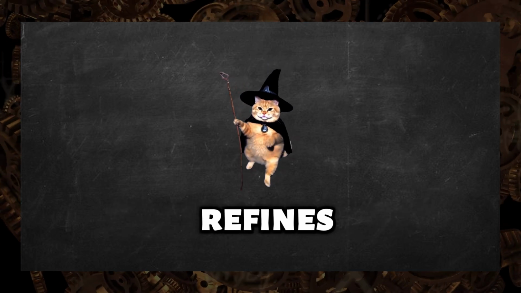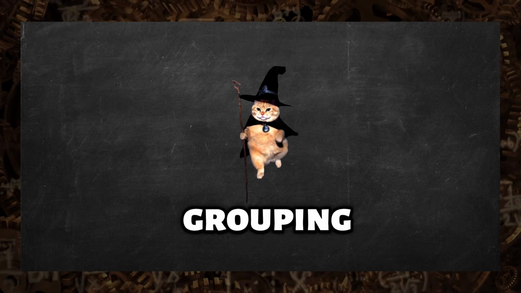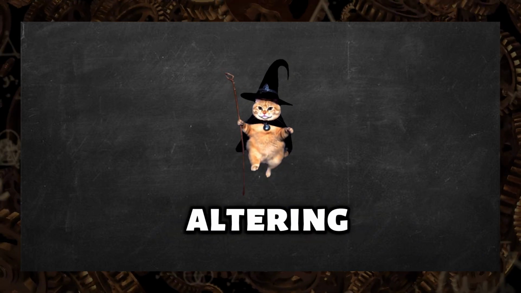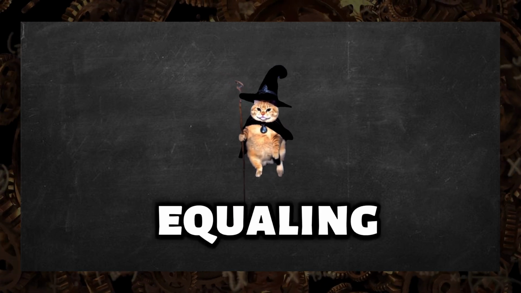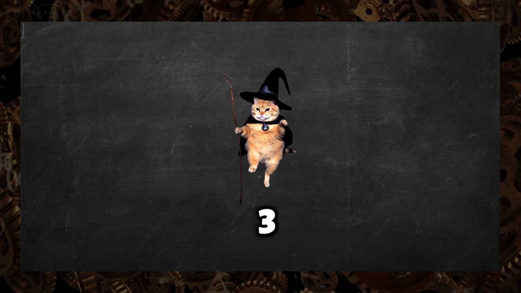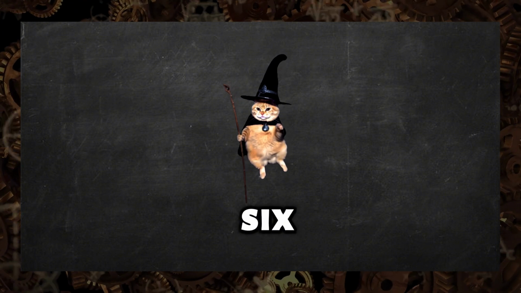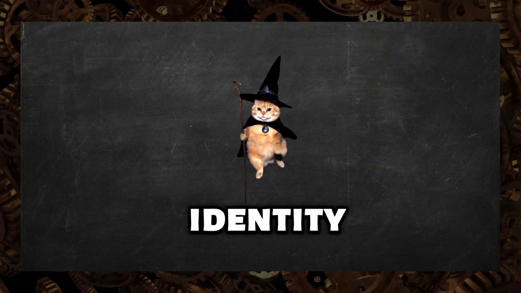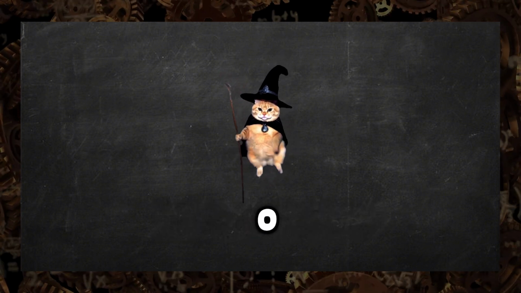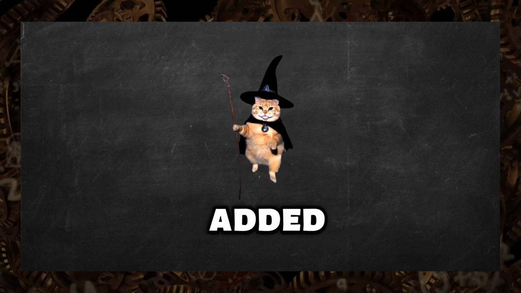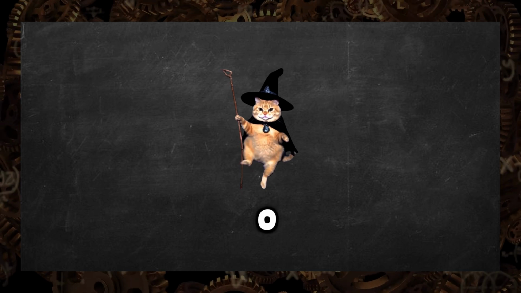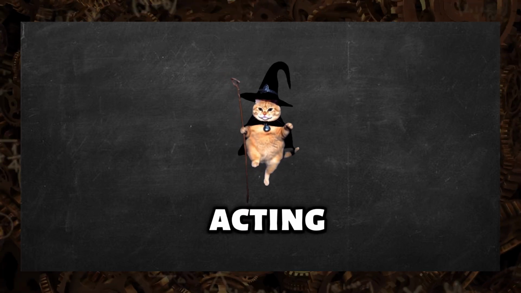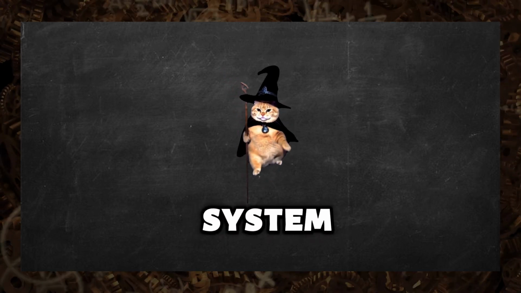Associativity further refines this, allowing for grouping in various ways without altering the result, as in (1 plus 2) plus 3 equaling 1 plus (2 plus 3), each equaling 6. The additive identity, embodied by 0, maintains that any number added to 0 remains unchanged, like 4 plus 0 equals 4, acting as a neutral element in the system.